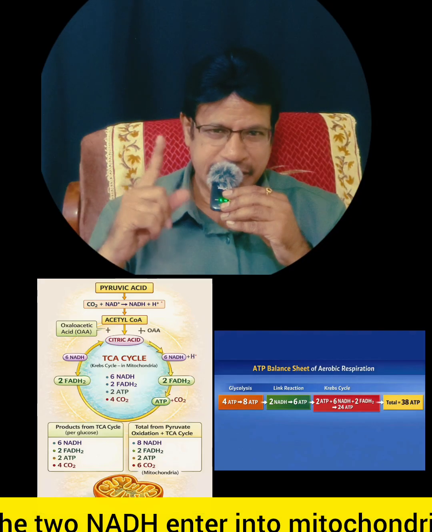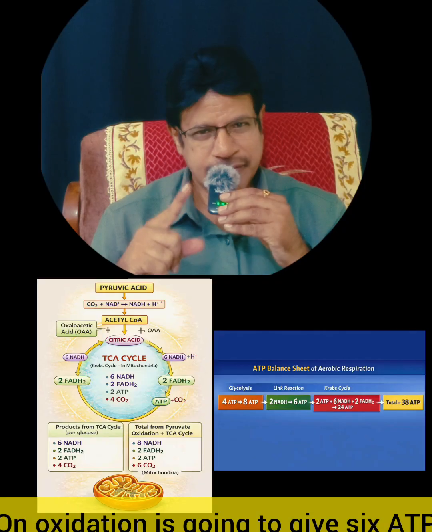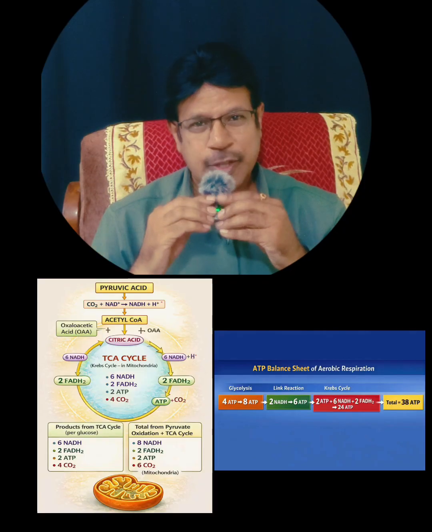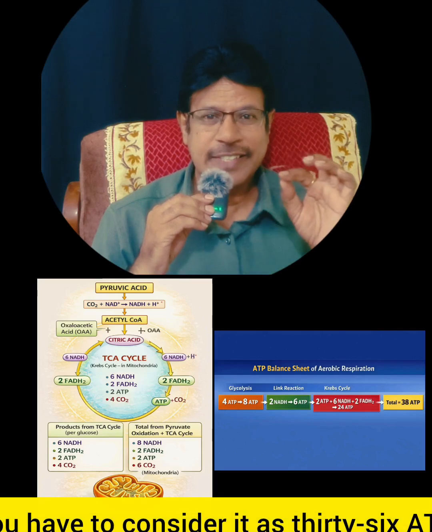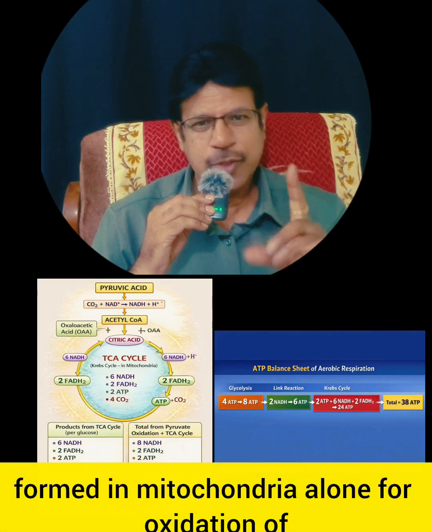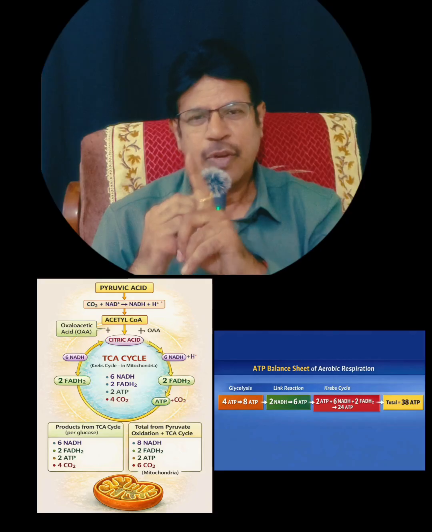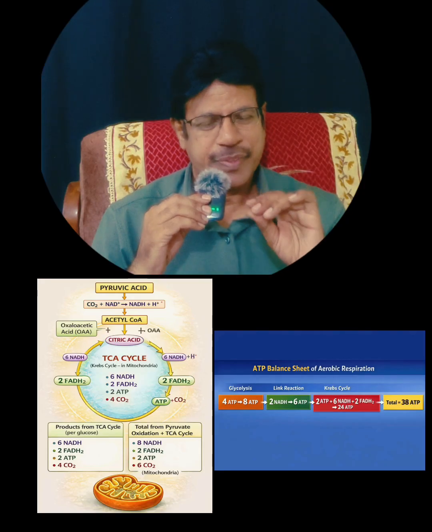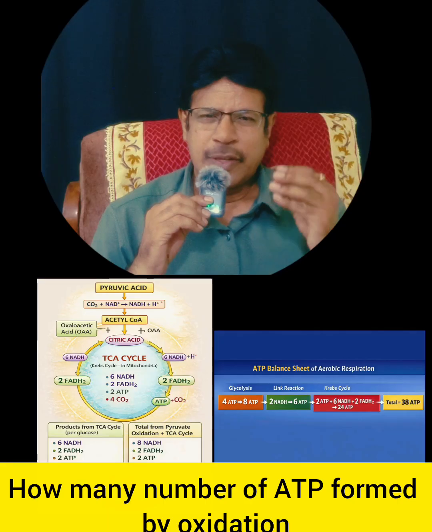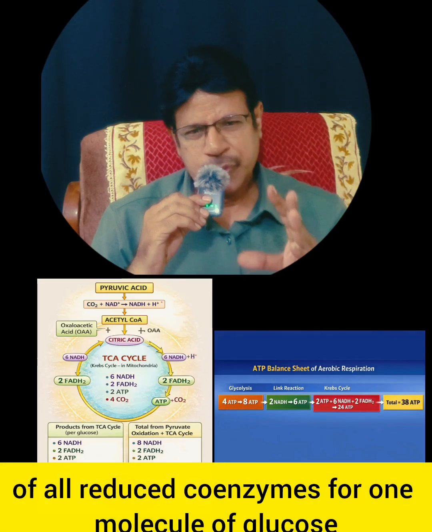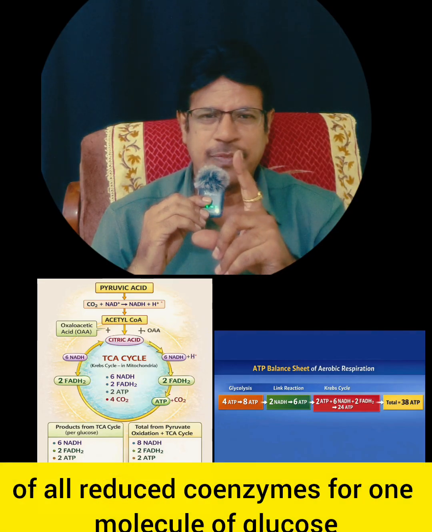The 2 NADH enter into mitochondria, and on oxidation give 6 ATP. So 30 plus 6, you have to consider it as 36 ATP formed in mitochondria alone for oxidation of one glucose molecule.